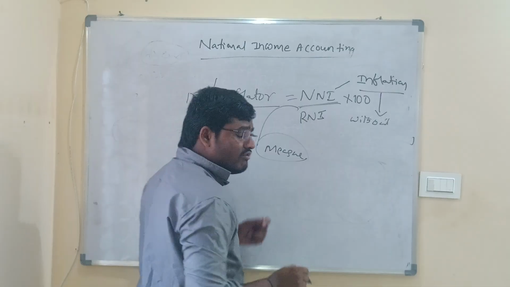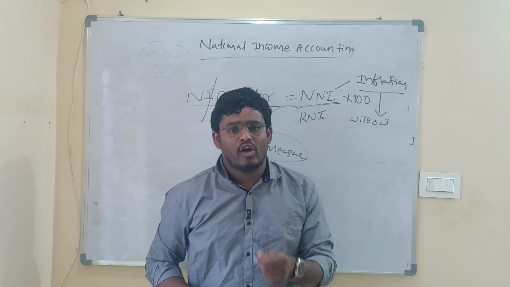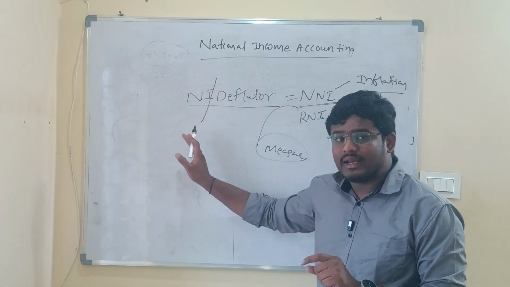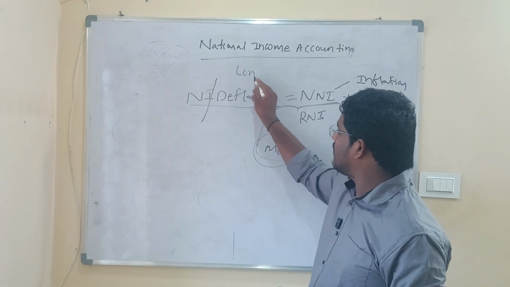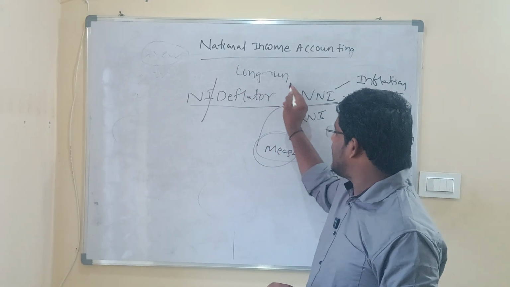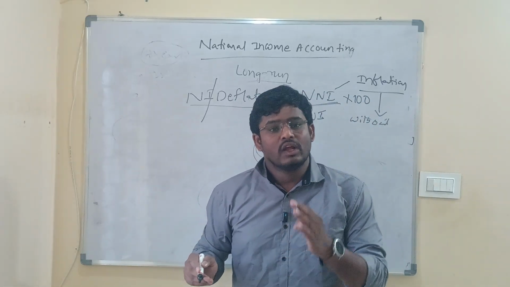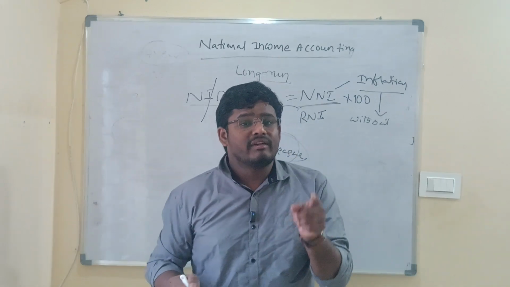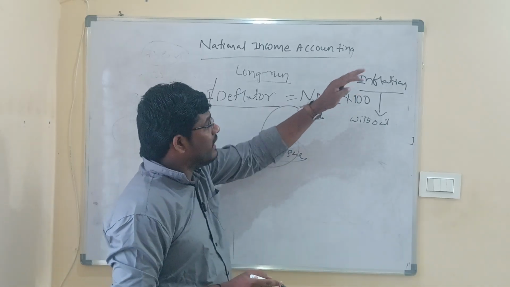If someone asks what is the relevance of national income deflator for the economy, the relevance is that national income deflator measures inflation in the long run. We know there are many price indexes like consumer price index, wholesale price index, which measure inflation in the short term, for one month. But national income deflator measures inflation in the long run.